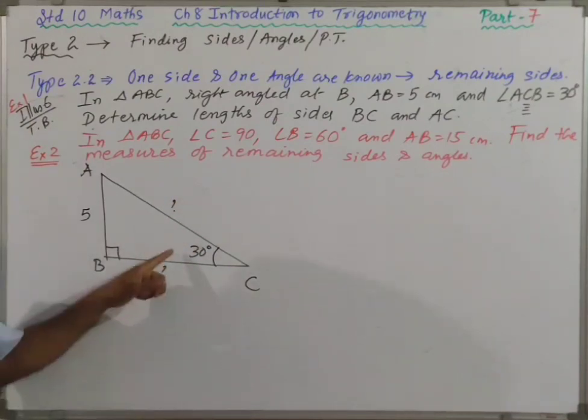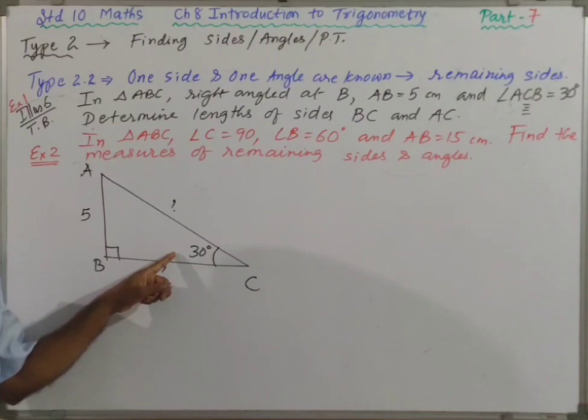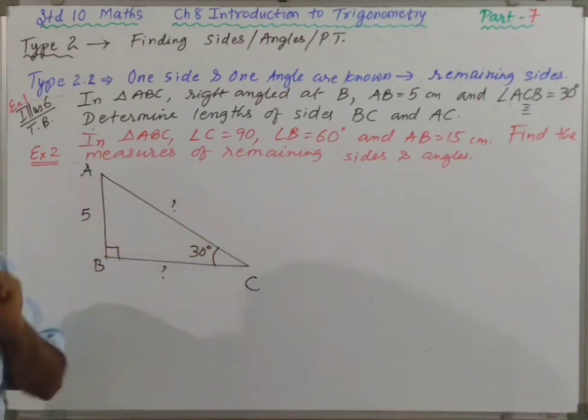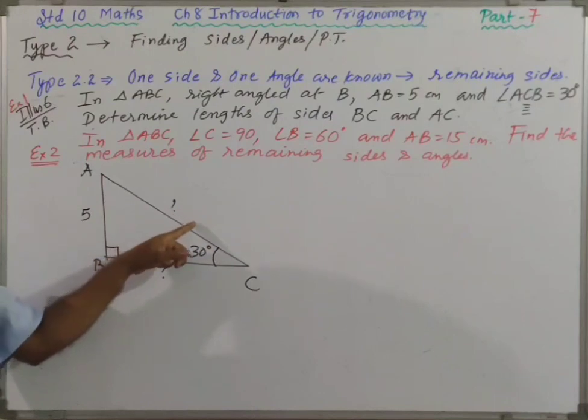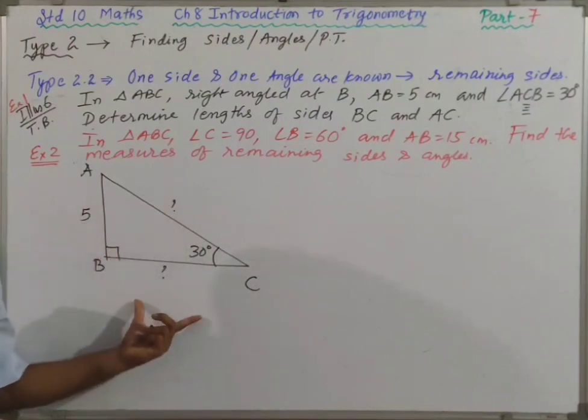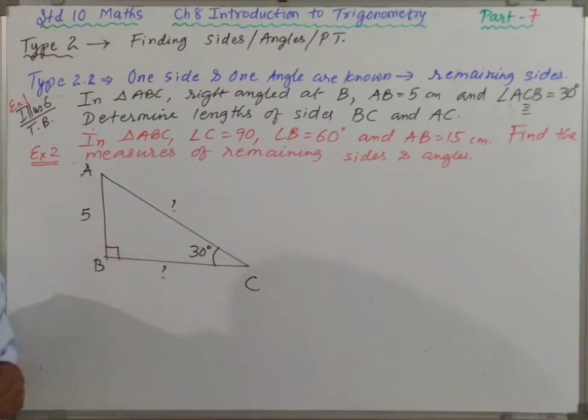Alright. Now see, in right triangle, side opposite to angle of measure 30, AB, is half of AC. You can use that result. So you will get AC directly. And you got AB and AC. Use Pythagoras to find BC. So you can employ this also. Alright.